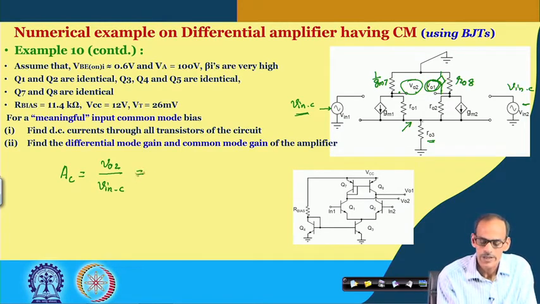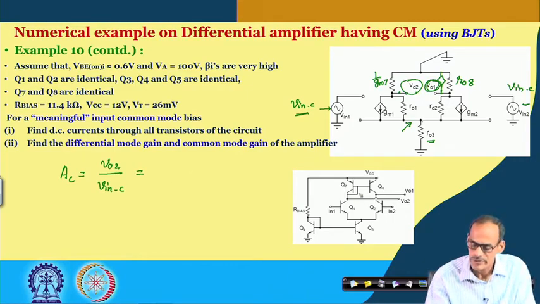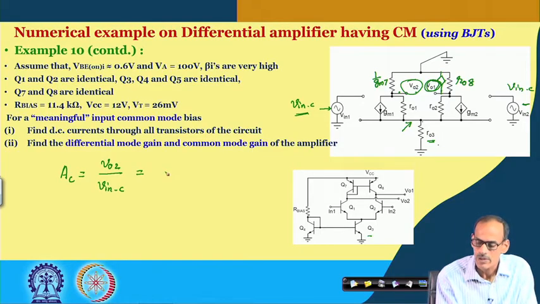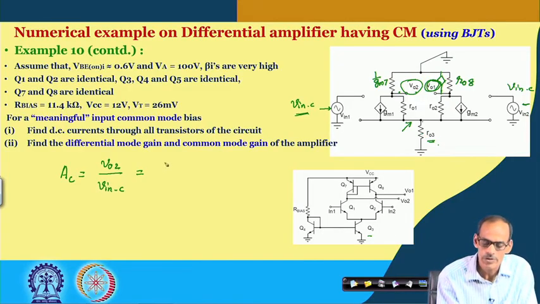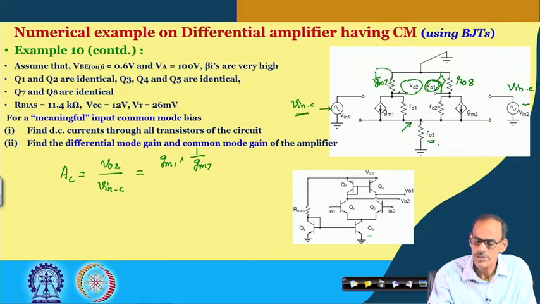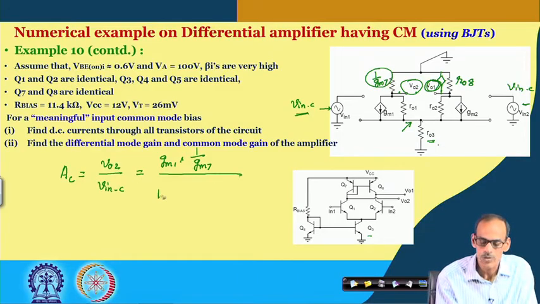This gain, as we have discussed before, will be the gain of this circuit which is getting degenerated by RO3, or if I split the circuit, it will be rather 2 times RO3. So, the corresponding gain here is GM1 multiplied by 1 by GM7, that is the impedance here, divided by 1 plus GM1 into 2 times RO3.